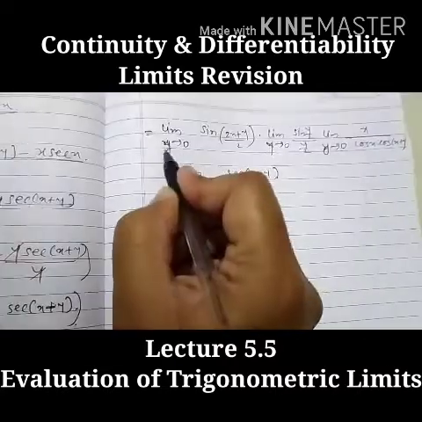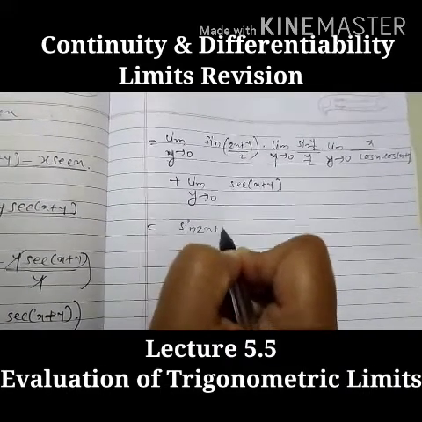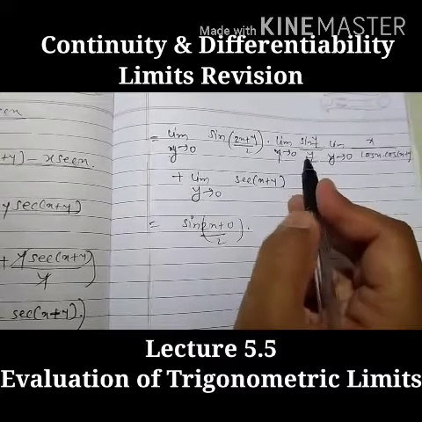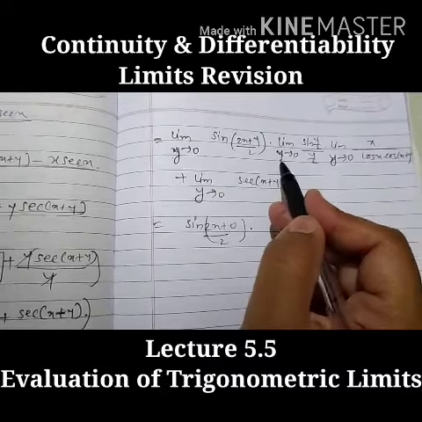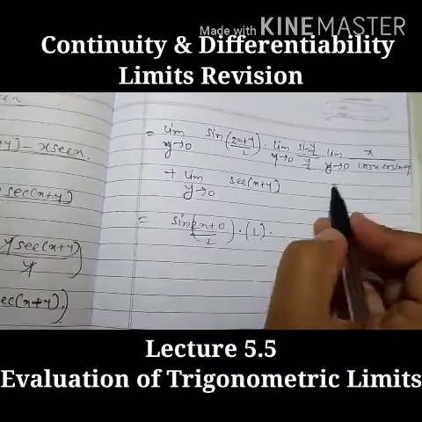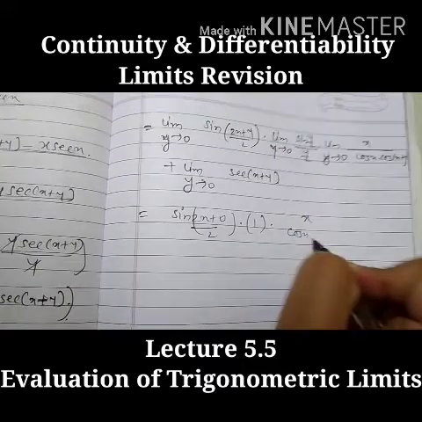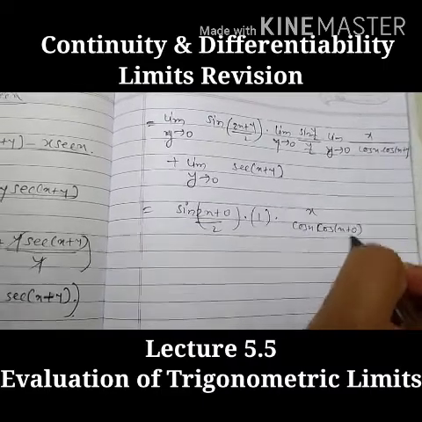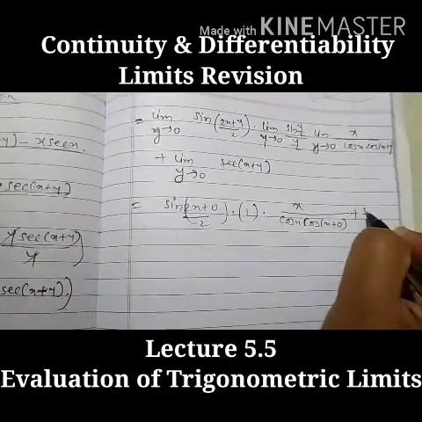Now if we put y equal to 0, we get sine of (2x plus 0) upon 2 into limit as y tends to 0, sine of y by 2 upon y by 2, which is 1, because as y tends to 0, y by 2 is also tending to 0. Now x will be as it is, cos x as it is, and cos of (x plus 0), plus sec of (x plus 0).